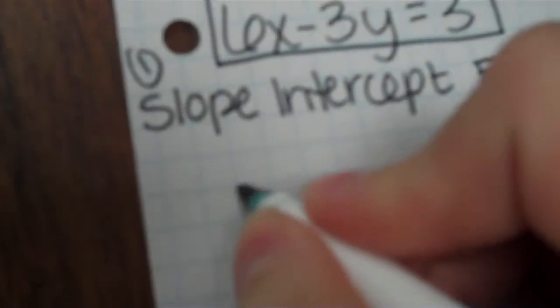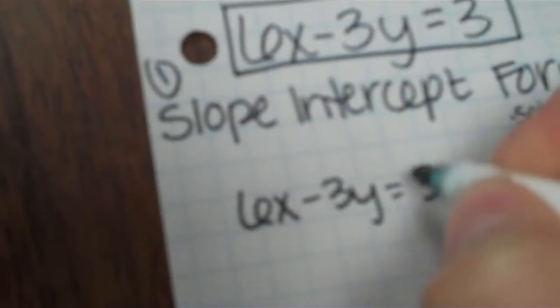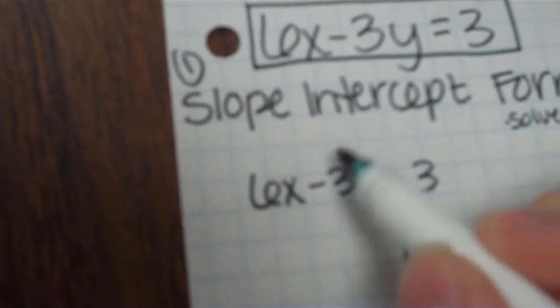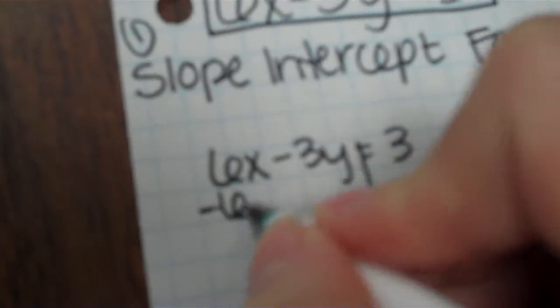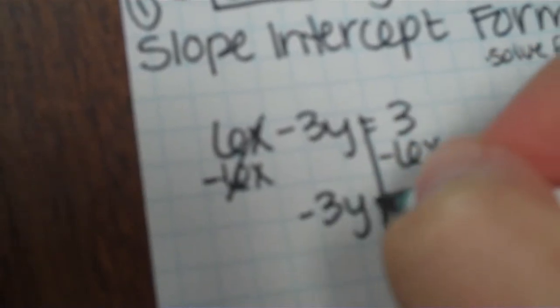So we have 6x minus 3y equals 3. We draw our line. You should be very good at this by now. You're solving for y. 3 is your best friend. Kick out 6x. The opposite of positive 6x is negative 6x. Okay? That goes away. You're left with negative 3y equals.